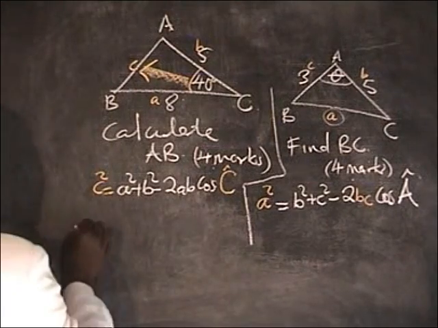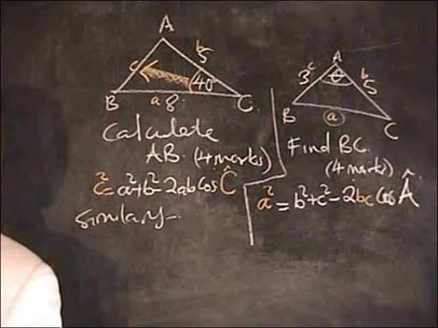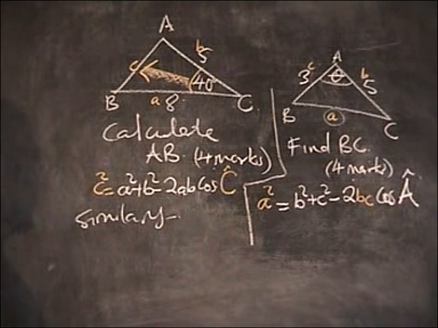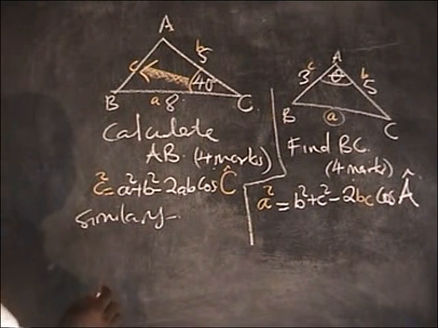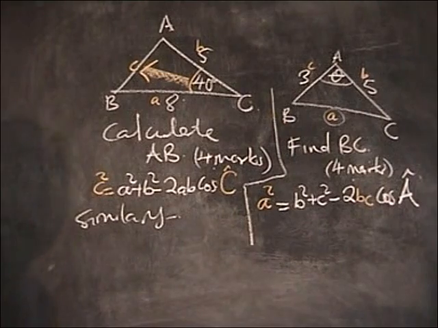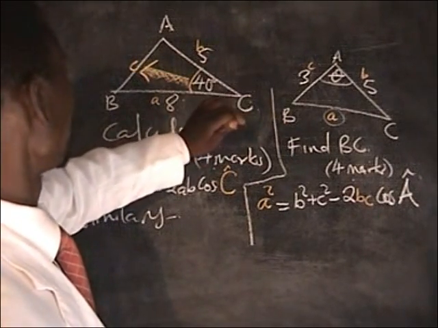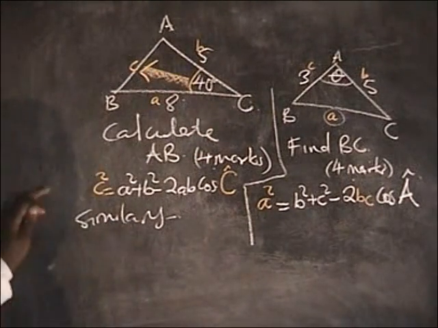Similarly, in a situation where you are told to find AC, then the formula is going to be for AC. Mind you, AC, if it is this diagram, is going to be represented by small letter b.